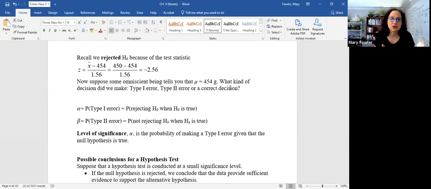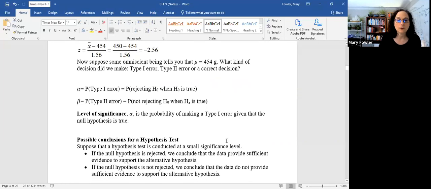We want it to be small. Alpha, then, a level of significance, is the probability of making a type 1 error given that the null hypothesis is true. And alpha is going to be like a tolerance for how much error you can have in your analysis.